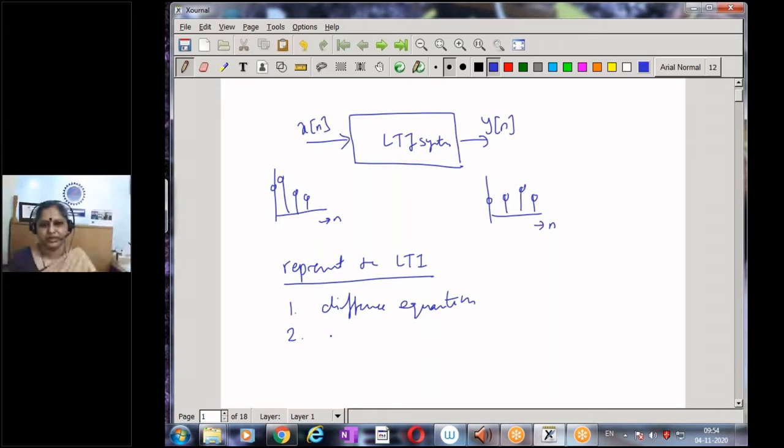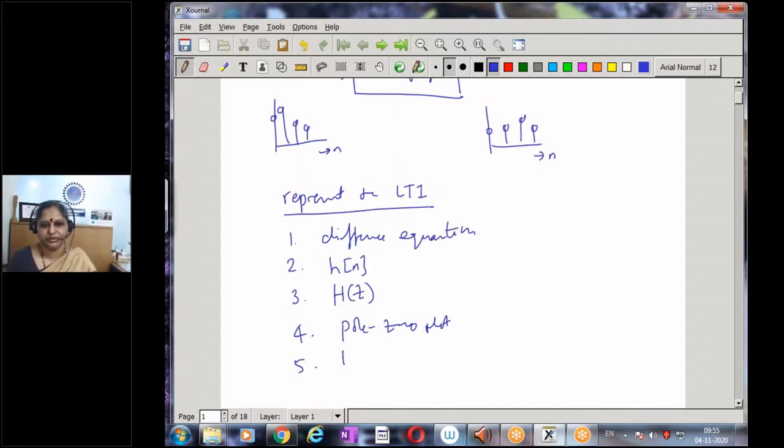The Z transform, or the pole zero plot of the system. The frequency response H(omega) of the system. The block diagram representation of the system. These are some of the different methods in which we can represent the LTI system.